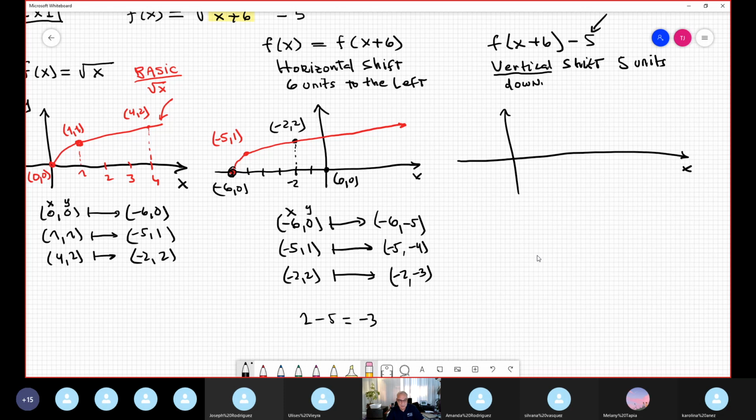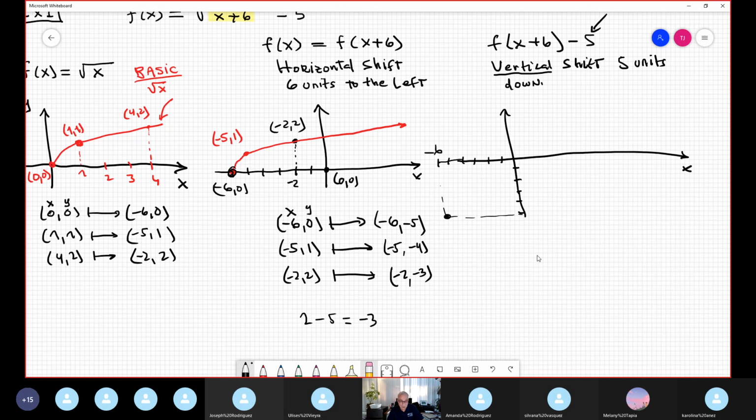Okay, let me try to do my best. The point is -6, -5, so 1, 2, 3, 4, 5. Okay, that point is transformed into that point.